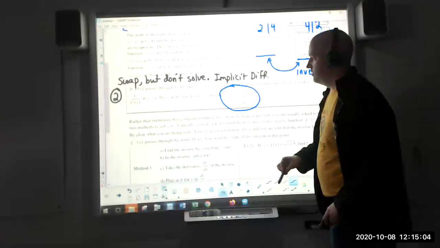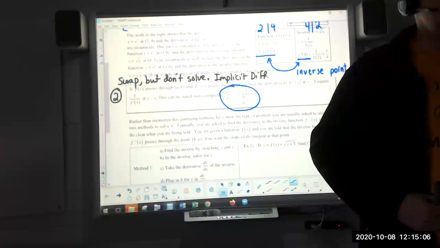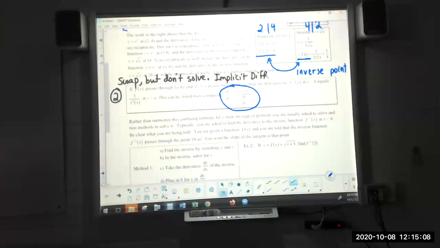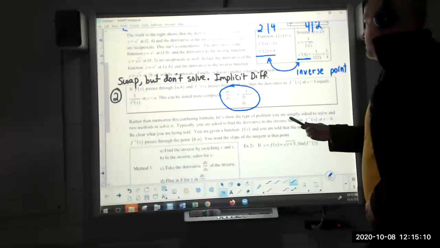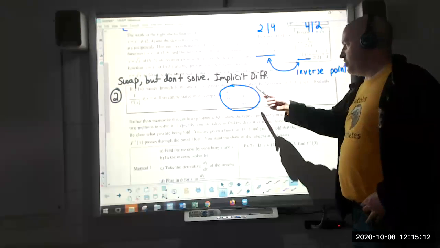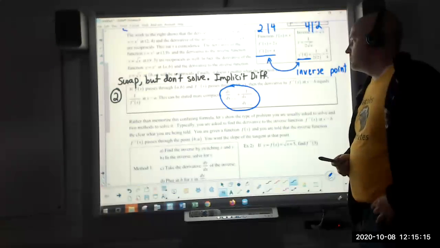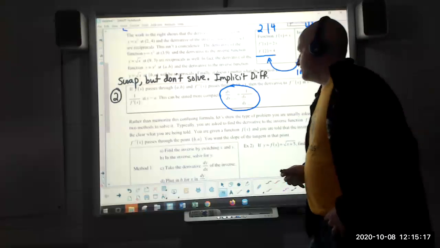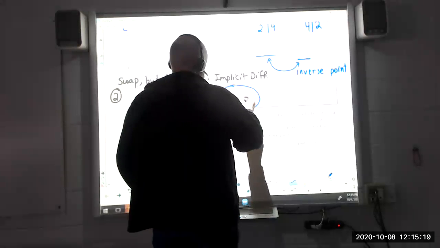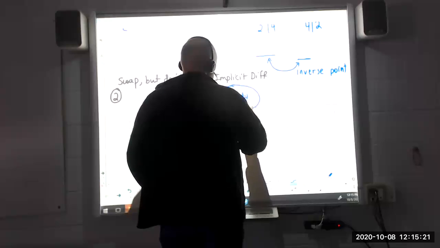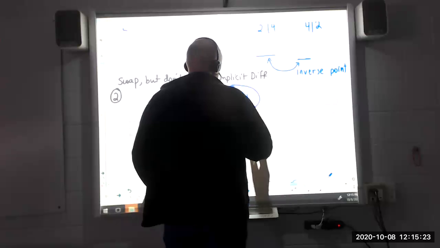And that's this one. I know it's hard to see on here, but it should be legible on the handout. It says dy dx at the point (a, b) equals 1 divided by dy dx at the point (b, a).